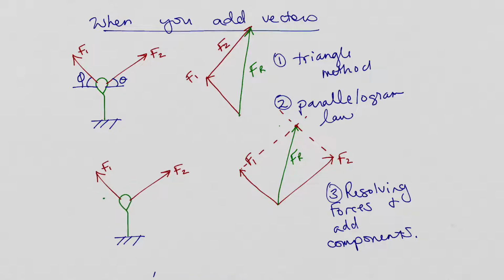Basically what we'll do is we'll resolve each of these. We're going to pick an X and a Y direction, and we'll resolve each of these forces along that X and Y. So this here would be the X component of F2, and then this is the Y component of F2, so we're just resolving that onto the new axis system.